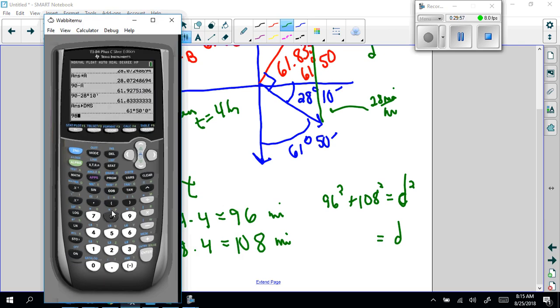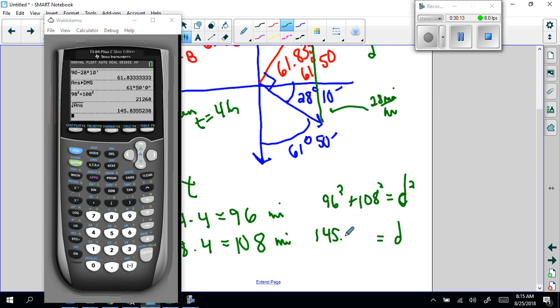Enter second square root, last answer. And I get D to be 145.835 miles. And then I solve the problem.